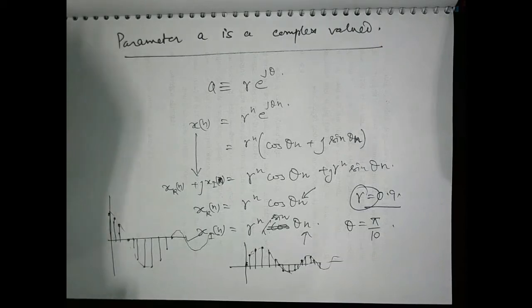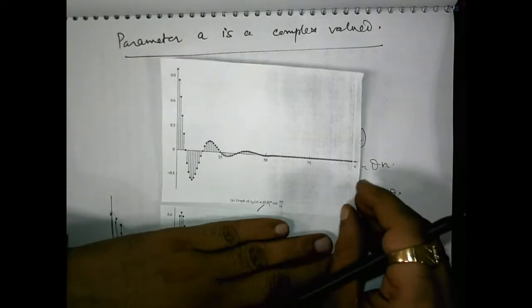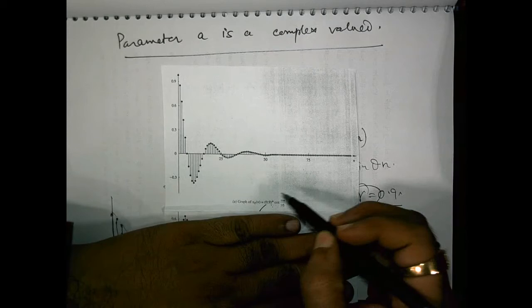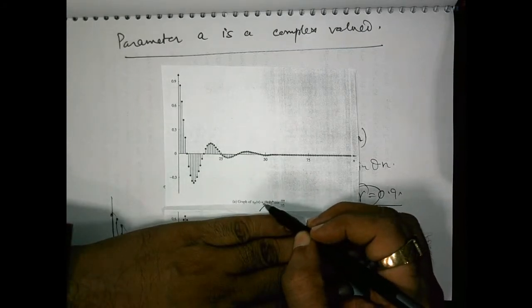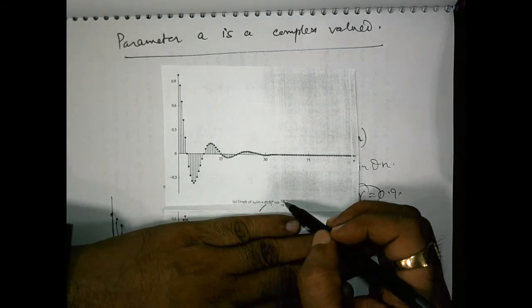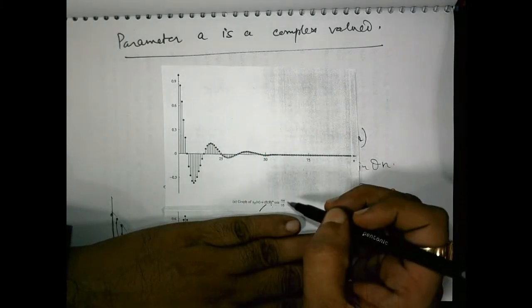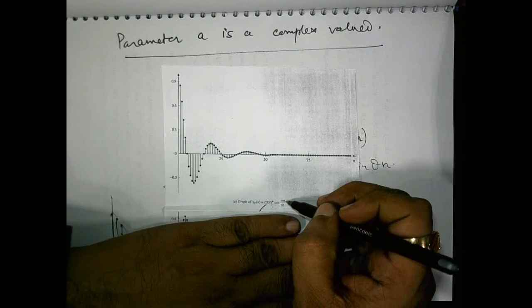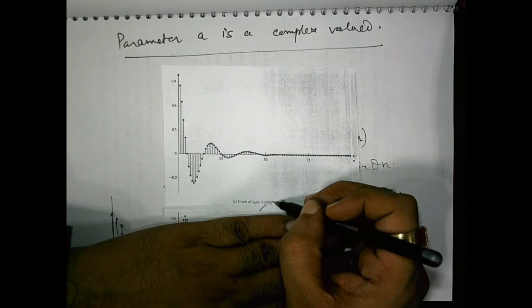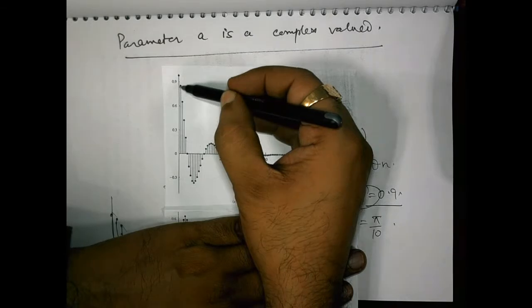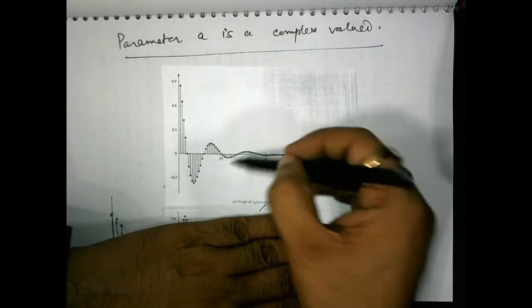You can see that this part represents the real part of the signal, that is 0.9 to the power n cos of pi multiplied by n by 10. So you see how this graph is obtained by putting different values, say n equal to 0, so cos 0 is 1, and 0.9 to the power 0 is 1, so the very first strength is 1, and then the second, third, likewise you can draw for all these strengths.